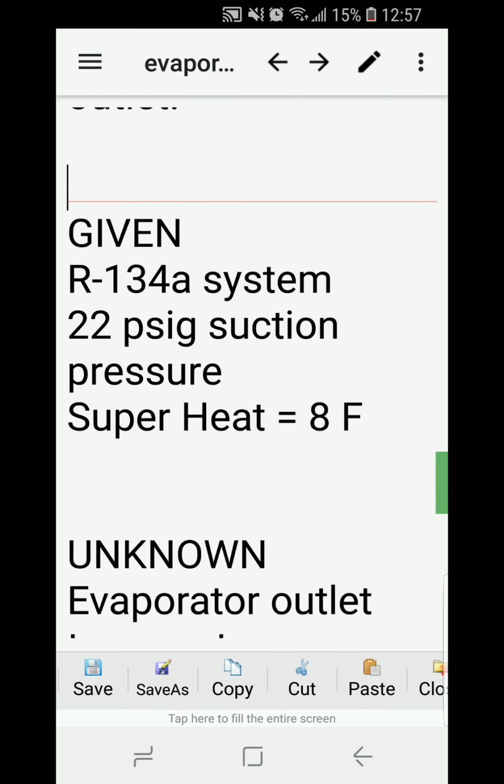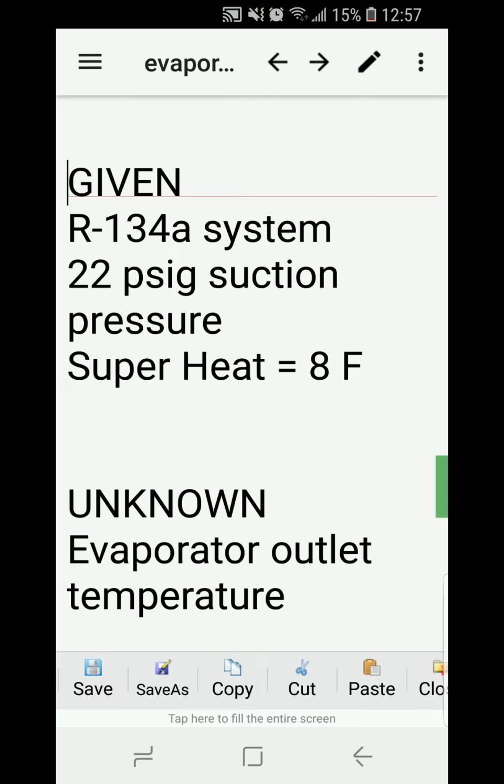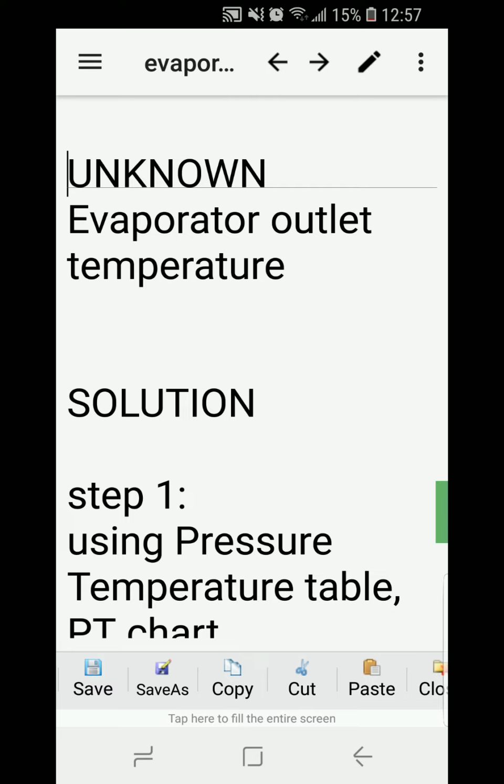Okay, so that's our given. R134A, 22 psig suction pressure, and a superheat of 8 Fahrenheit. The unknown is the evaporator outlet temperature.